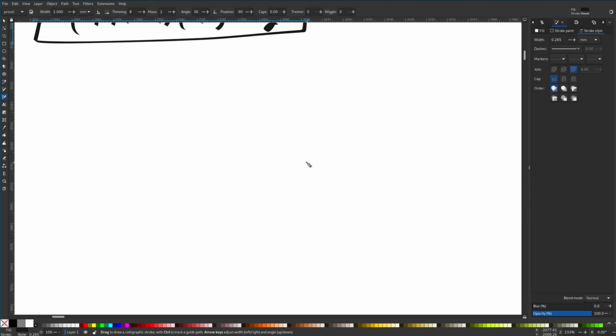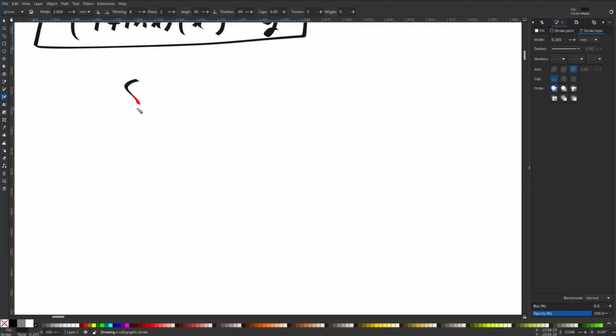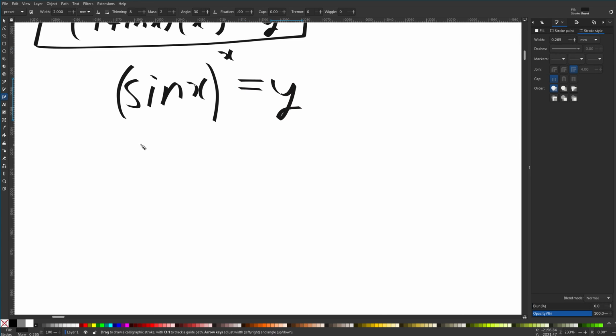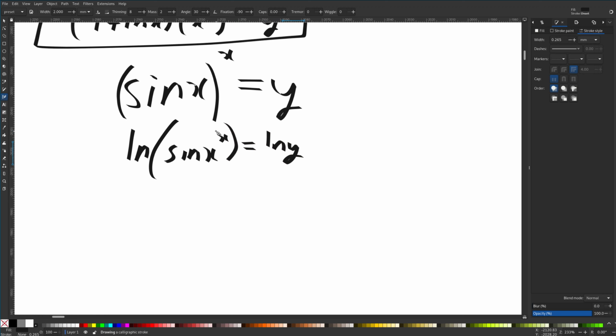Okay, now for a more complicated example. So we have sine of x raised to the power of x. Okay, we're going to set this equal to y. Then we're going to take the logarithm of both sides, bringing this exponent to the front.